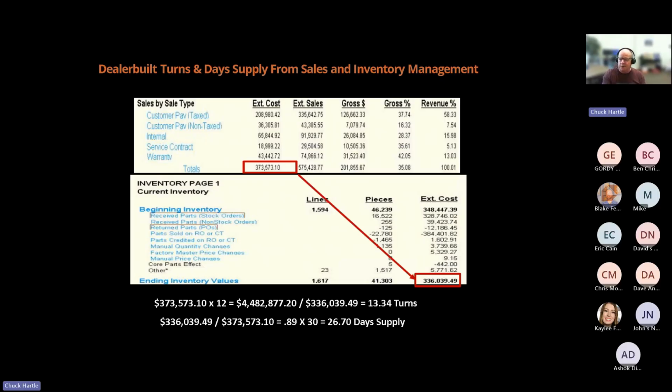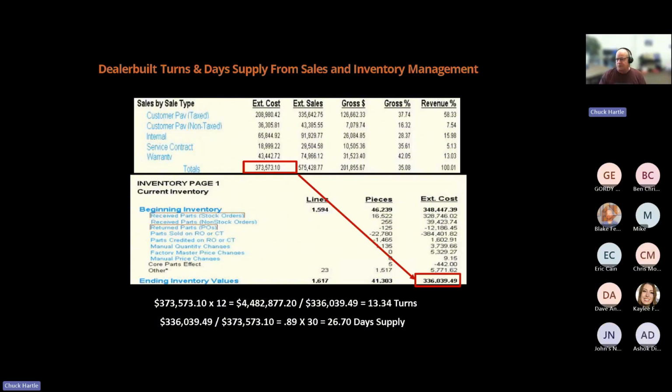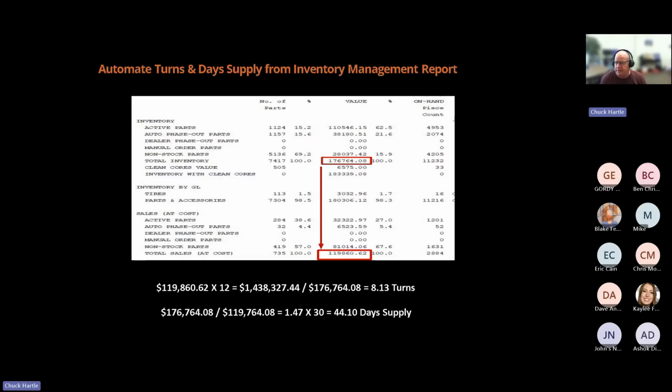With DealerBuilt, you have to run the inventory sales report and then the closing inventory, which shows you a beginning and ending number, calculated out. Again, I won't spend a lot of time here, but two simple reports. You can lay them side by side and make a very accurate calculation. And lastly, we have Automate.